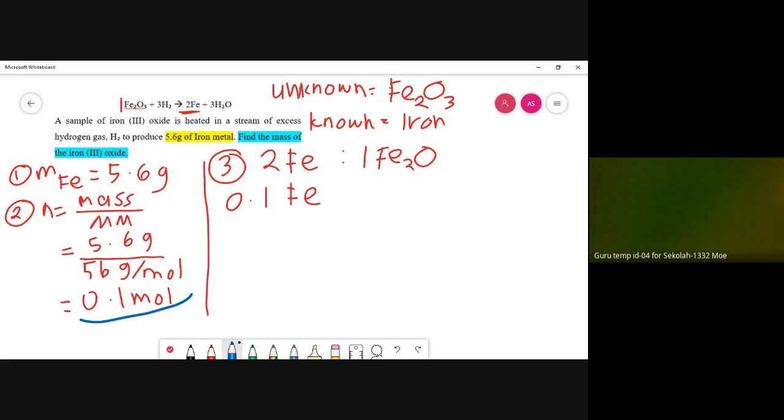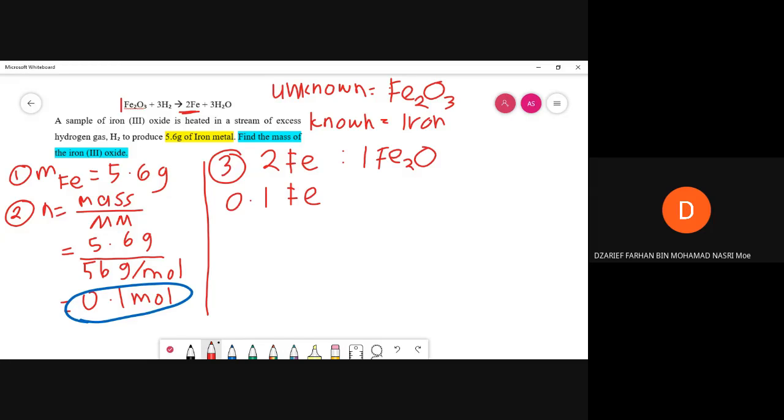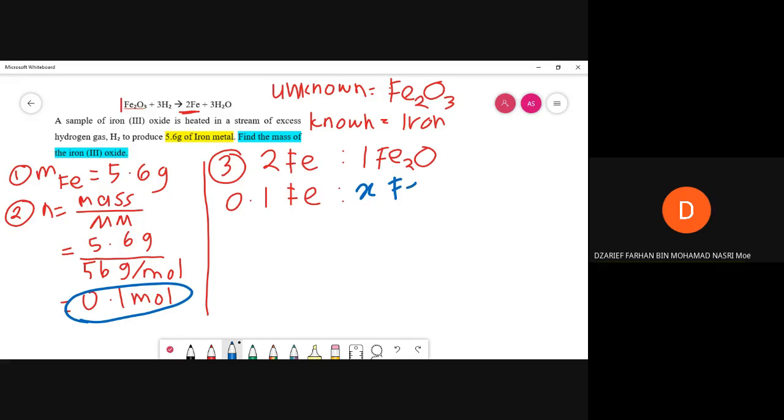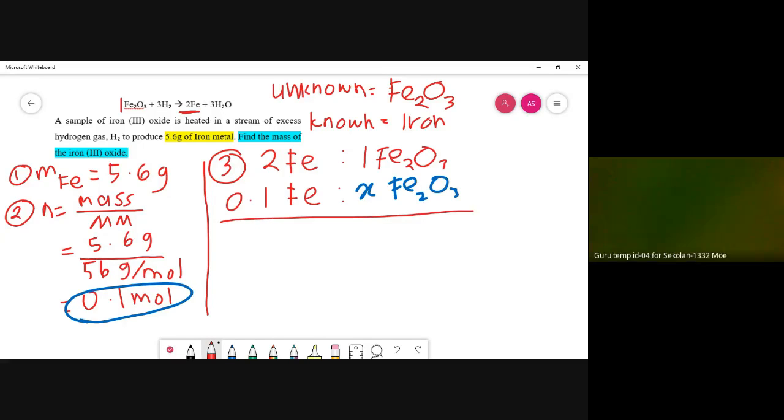Ni, kita ambil daripada step 2. So we would like to find number of mole for X, Fe2O3. Okay? So ni you akan dapat berapa? You have to cross multiply.